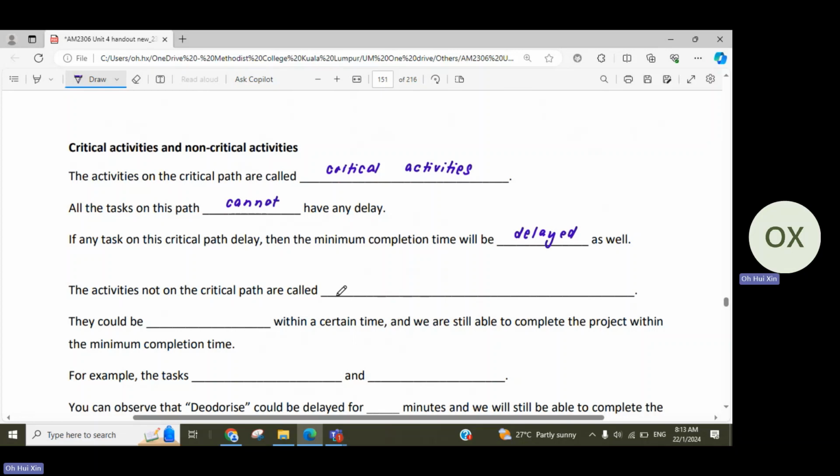Okay, so it's the same idea here. The activities that are not on the critical path are called non-critical activities. These are the activities that could be delayed within a certain time, and yet we are able to complete the entire project within the minimum completion time.